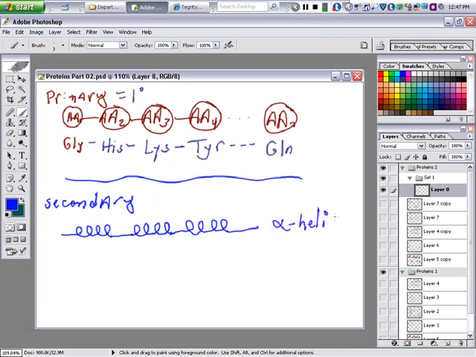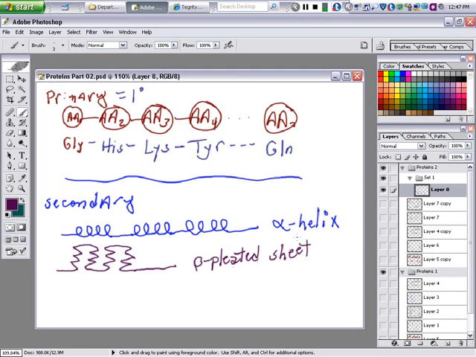So you can have either alpha helix or you can have beta pleated sheets. And so with beta pleated sheets, what happens? The protein goes along and then it just goes like this. It turns back on itself. And it makes like a sheet actually, which makes sense. And so this is going to be beta pleated sheet.